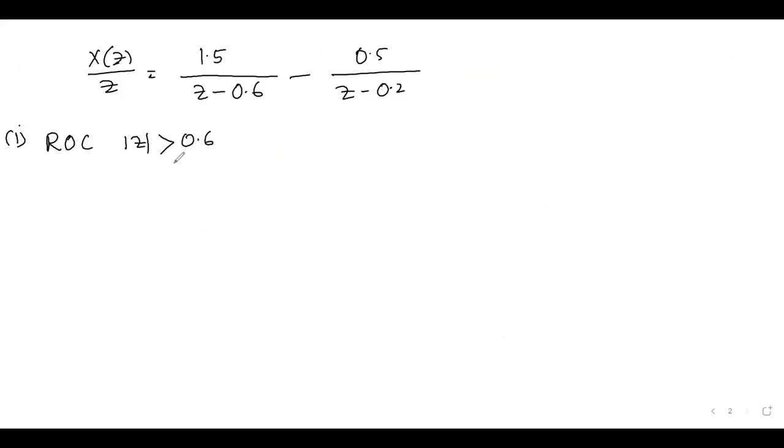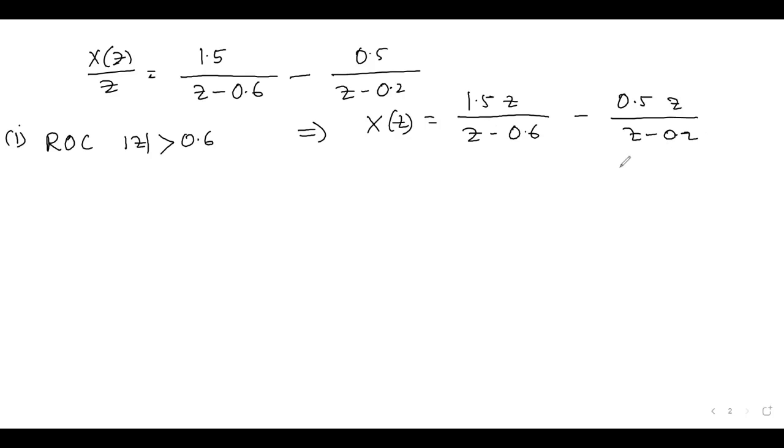Now there are two radii. So here you can write X(z) equal to 1.5 z by z minus 0.6 minus 0.5 z by z minus 0.2. Now, when ROC is greater than 0.6, what will be the value of x(n)?